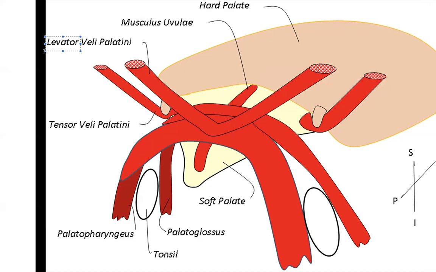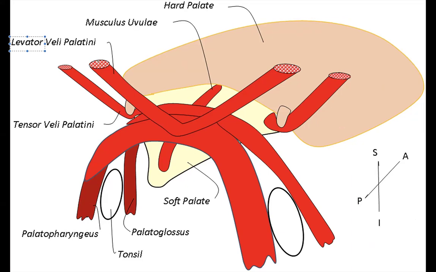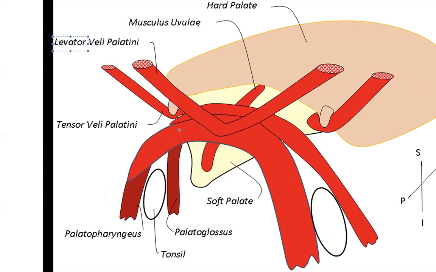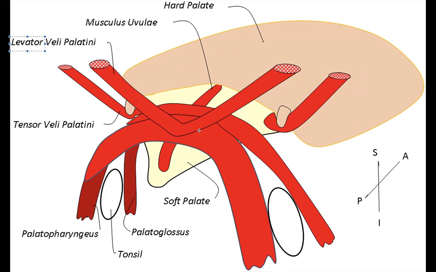Elevate the soft palate. Now, attachments: it arises from the temporal bone, and inserts into the palatine aponeurosis. Tensor veli palatini and levator veli palatini both insert into the palatine aponeurosis.